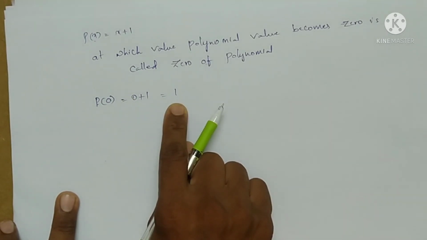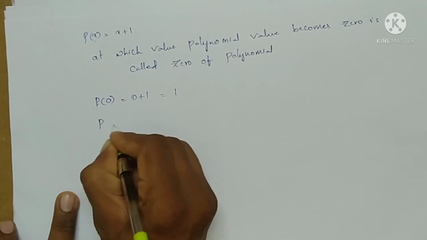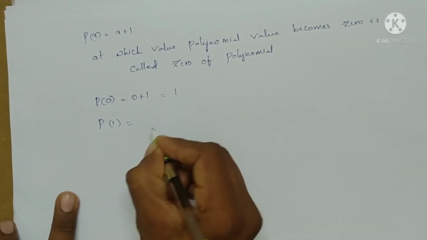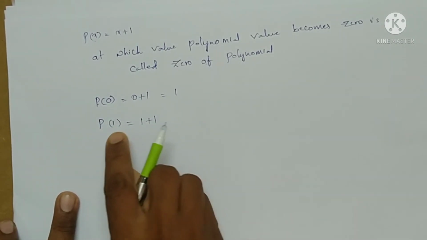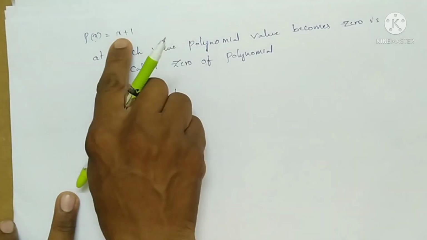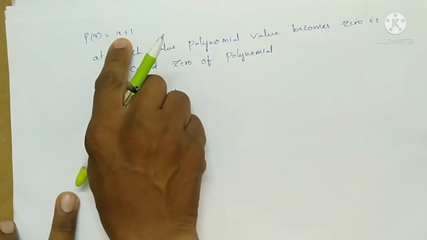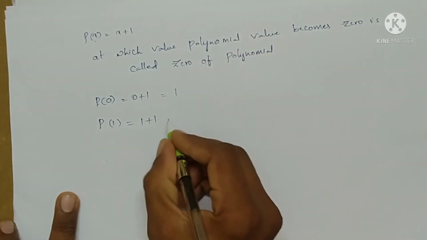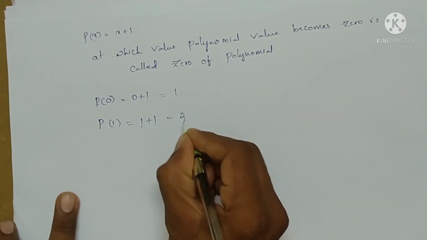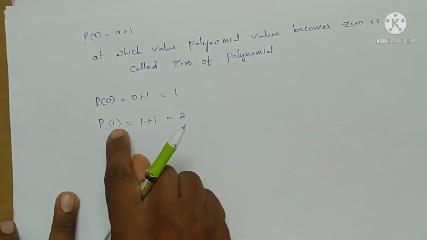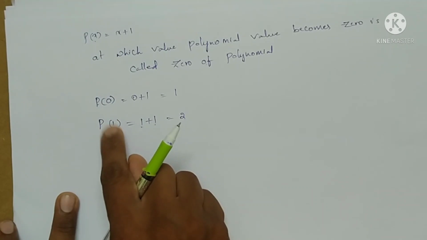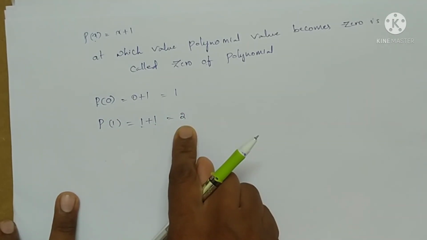Now p of 1 is 1 plus 1, which equals 2. At x equals 1, the value of the polynomial is 2.